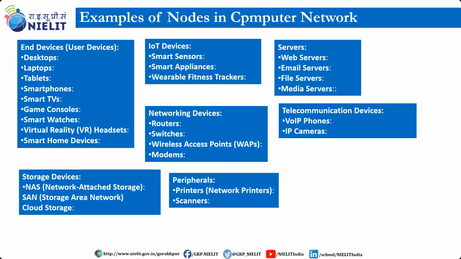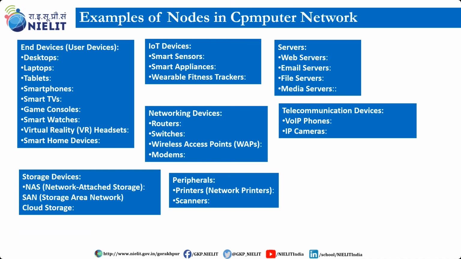For example, network attached storage or storage area network. These are examples of storage devices connected to the network. So this storage device can also be a part of the computer network, and it can be treated as a node of the computer network. Similarly, cloud storage can be there. Cloud storage is located at some remote location in the cloud service provider zone.